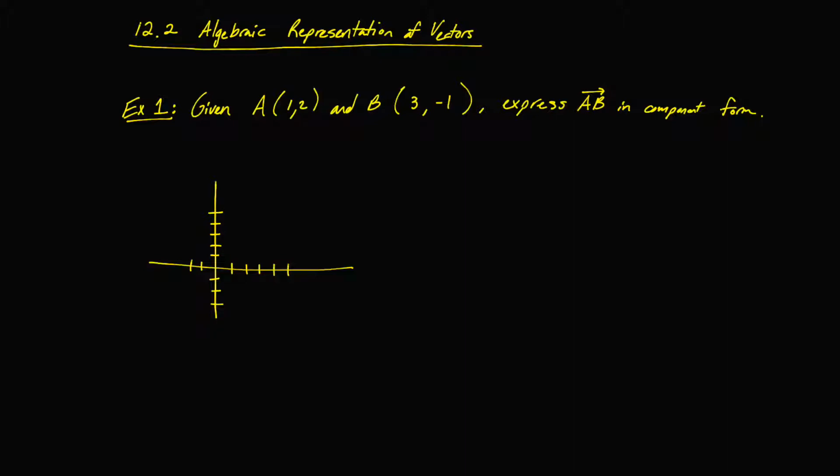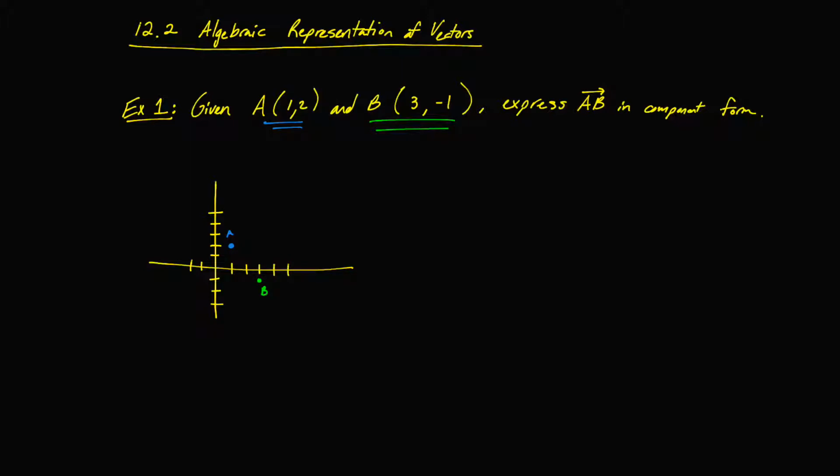And I'm going to say the first one is, let's do blue for 1, 2. This is A. And I'm noting that in blue. And this one's going to be green for B, 3, negative 1. So remember, these are 2 different points. If we're actually going to try and get the vector for this, we have to look at how many steps we have to go downwards.